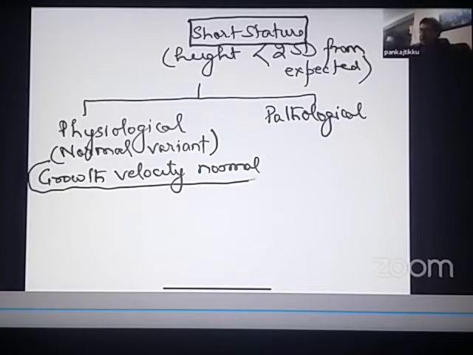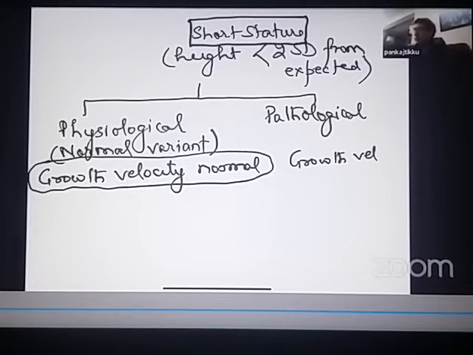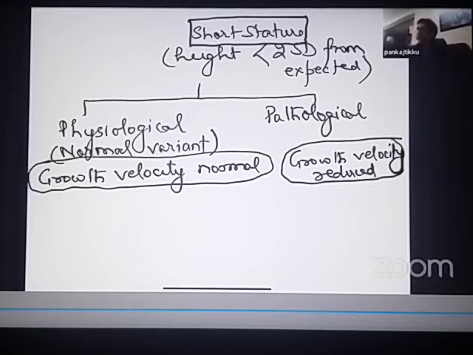So a child whose growth velocity is normal will be called as a child having a physiological or a normal variant short stature, while a child whose growth velocity is reduced will be called as a child having a pathological short stature.